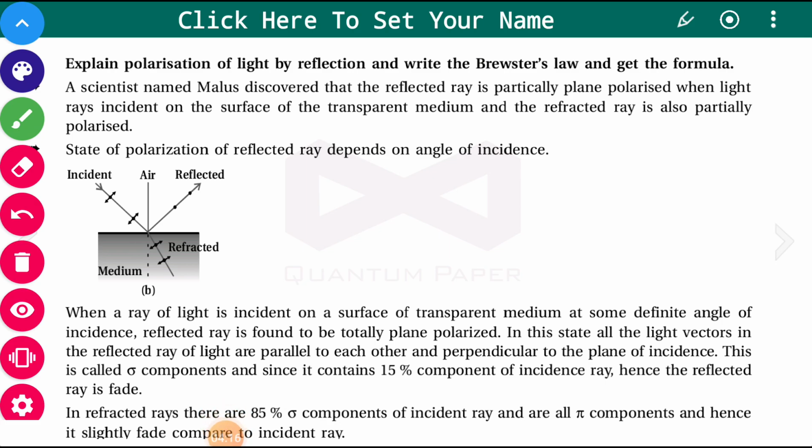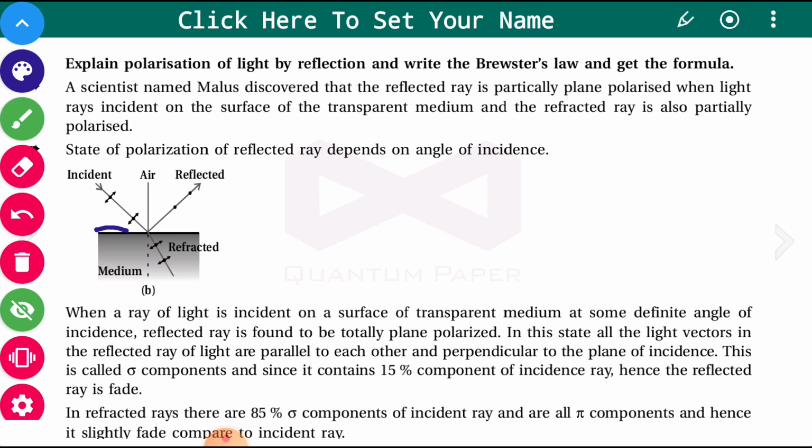Now, a very important topic, polarization of light by reflection. We want to write Brewster's law, and we will find the formula of Brewster's law also. Now, the scientist Malus discovered that the reflected ray is partially plane polarized. Try to understand here.